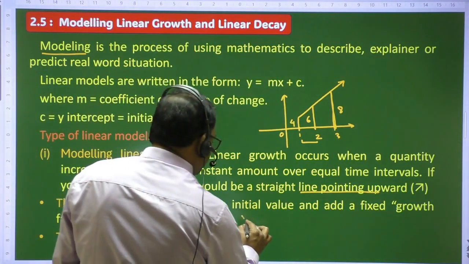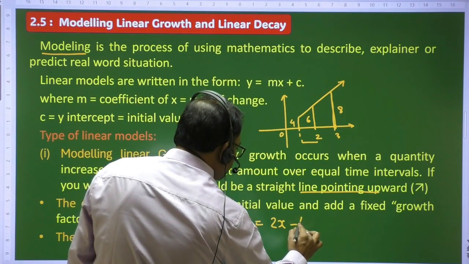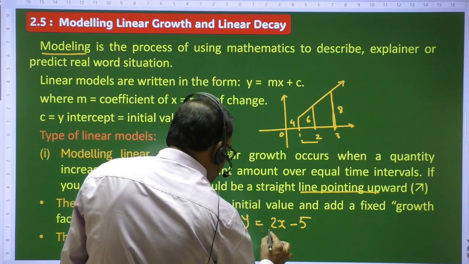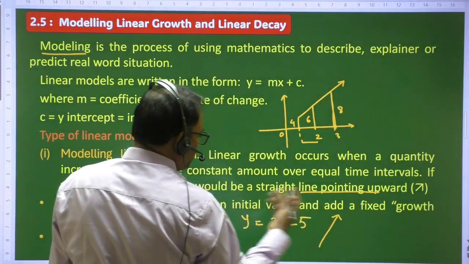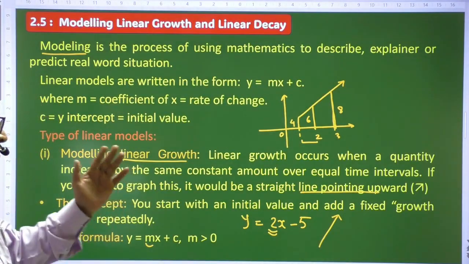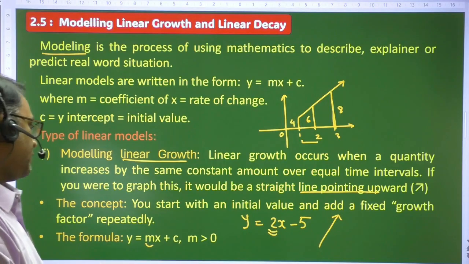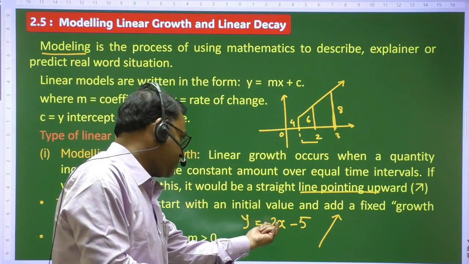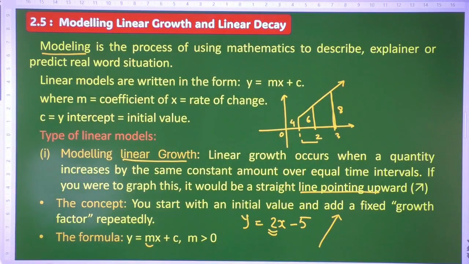For example, if I have y is equal to 2x plus or minus 5, then this straight line is always pointing upward. When we move from left to right, it looks like we are climbing a mountain. Since here the slope is positive, it will always be increasing. This is also known as the growth factor.